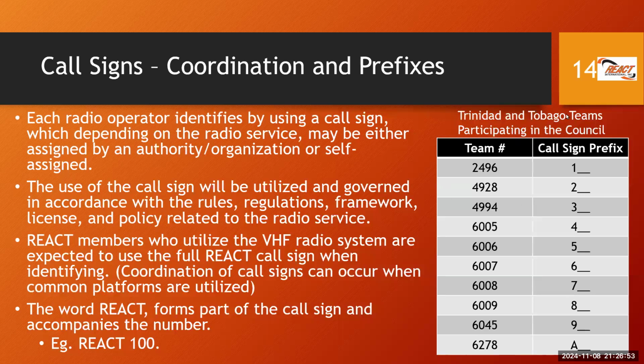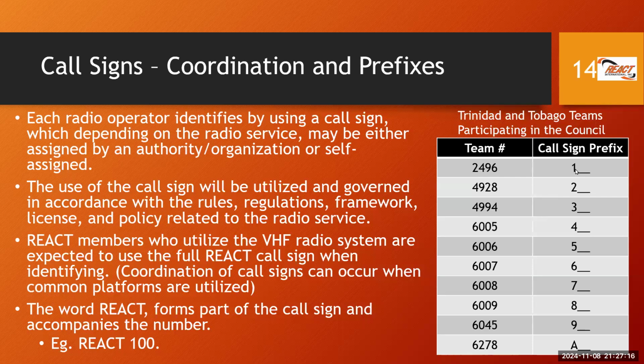So let's talk a bit about this table here. I think we're doing okay in time still, so let's spend a moment on this table. In Trinidad and Tobago, we have 10 REACT teams, and hopefully we have the team numbers correctly here, 2496, 4928, and so on.